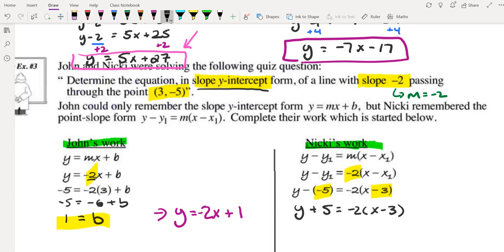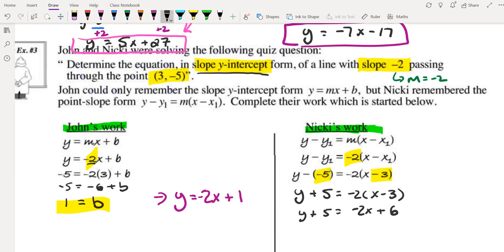You multiply the negative 2 through the brackets, negative 2x plus 6. And you move the 5 over to the other side just by subtracting 5. So we have negative 2x, 6 minus 5 becomes 1. And we end up with the same equation.